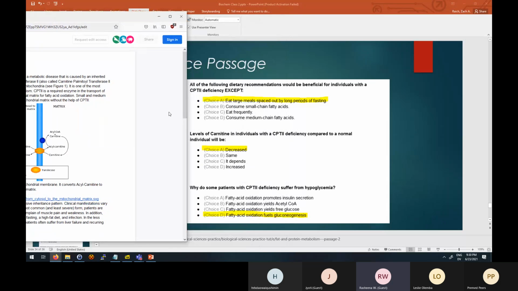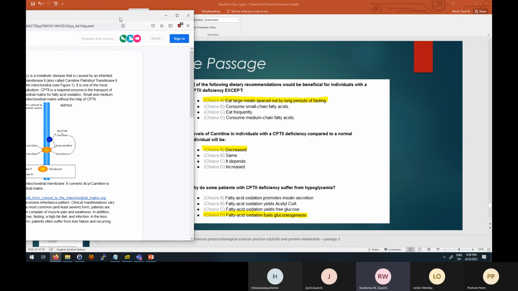So if we don't have acetyl-CoA, which is created from fatty acid oxidation, we can't create glucose by gluconeogenesis. If you don't have that protein or enzyme, you can't fuel gluconeogenesis. So that's why D is right. I don't know if that makes sense.